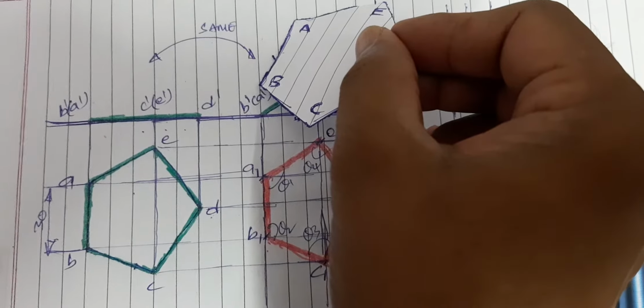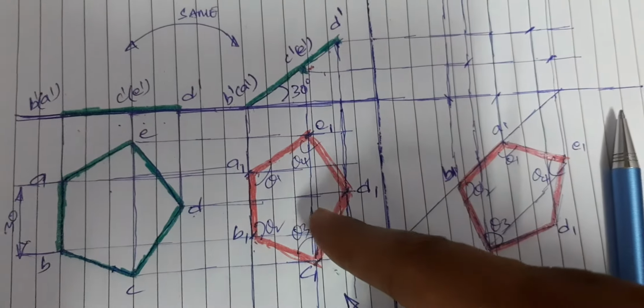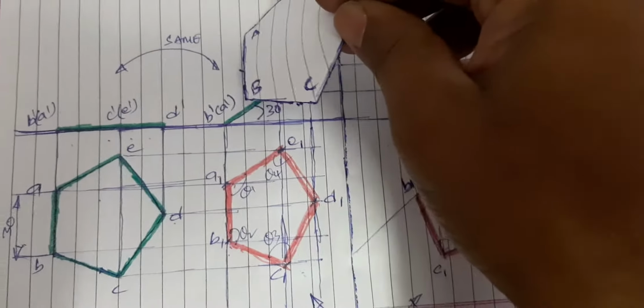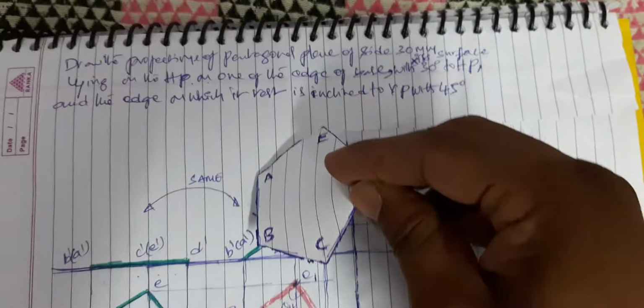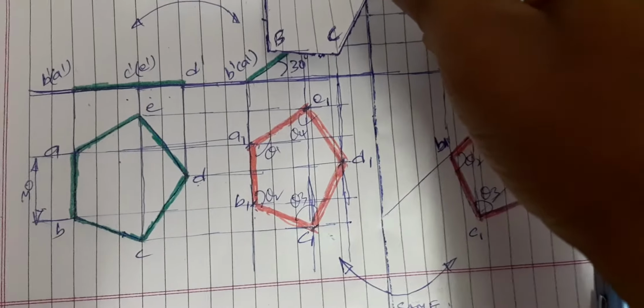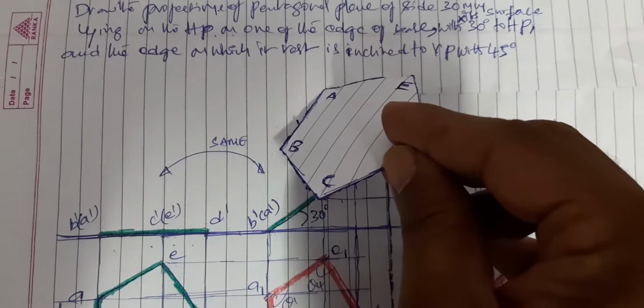Listen carefully. When the plane is placed like this and viewed from top side, we are going to get this red color pentagon as the top view. Now I am saying that this red color pentagon is also equal to the top view of the plane when it is viewed from top side.